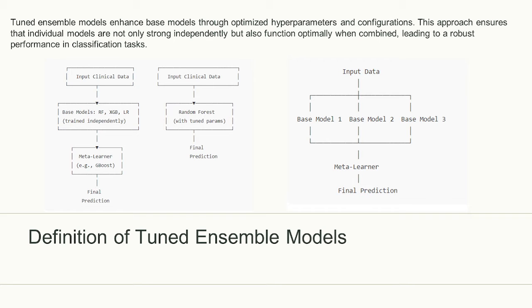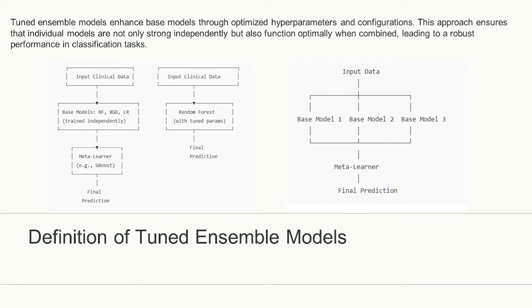In a stack model, we see here the base models, random forest, XGBoost and linear regression as an example of base models. From these learner models, we can create a meta-learner model to get the final predictions.